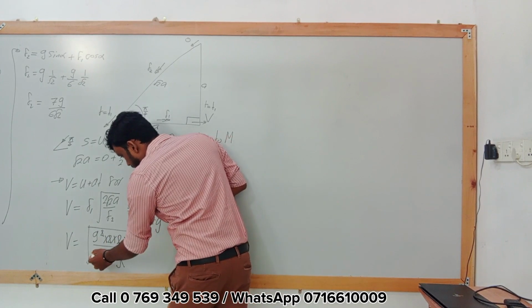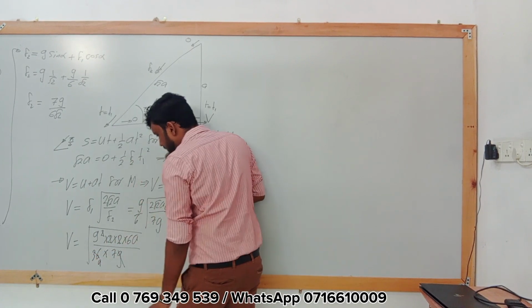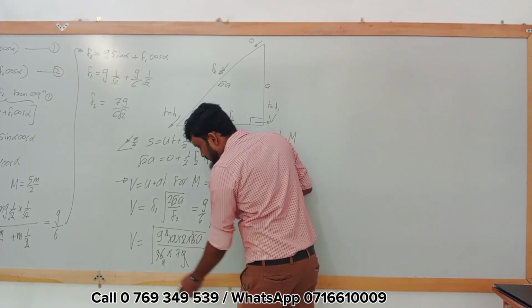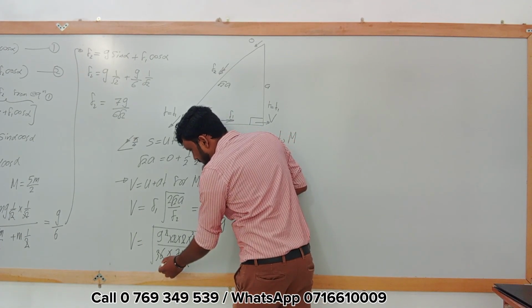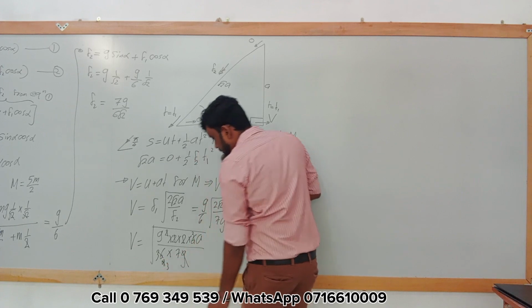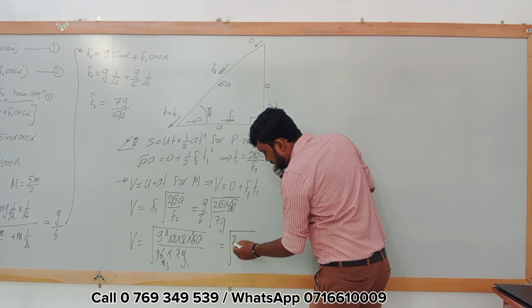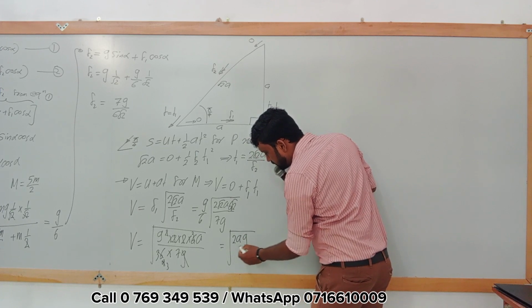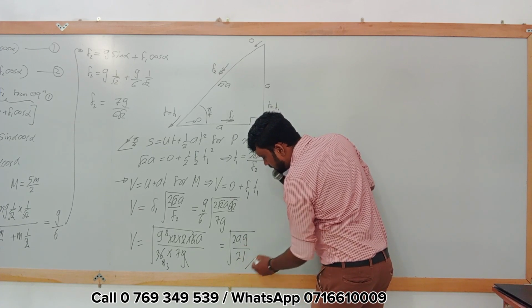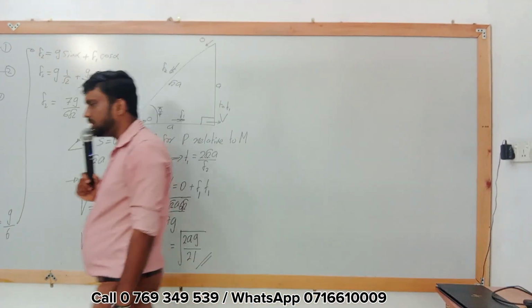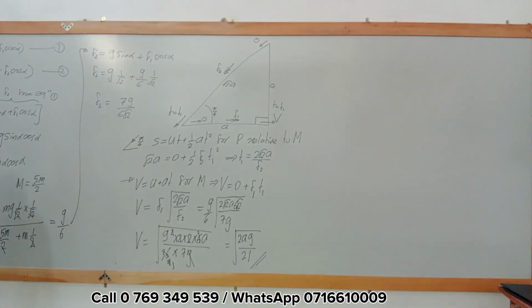Here 9 and here 2, here 3. Now we have 2ag divided by 21. That is the answer. Very simple, no?